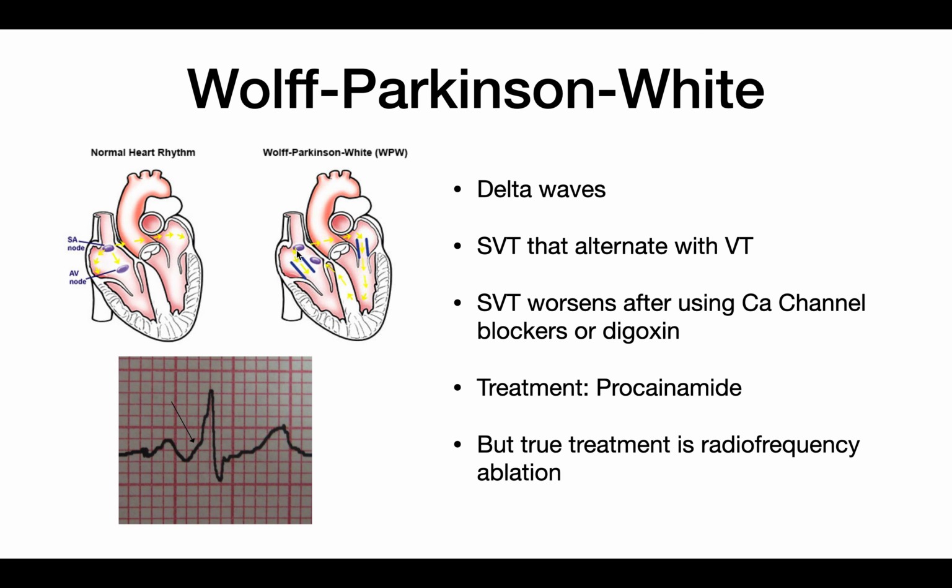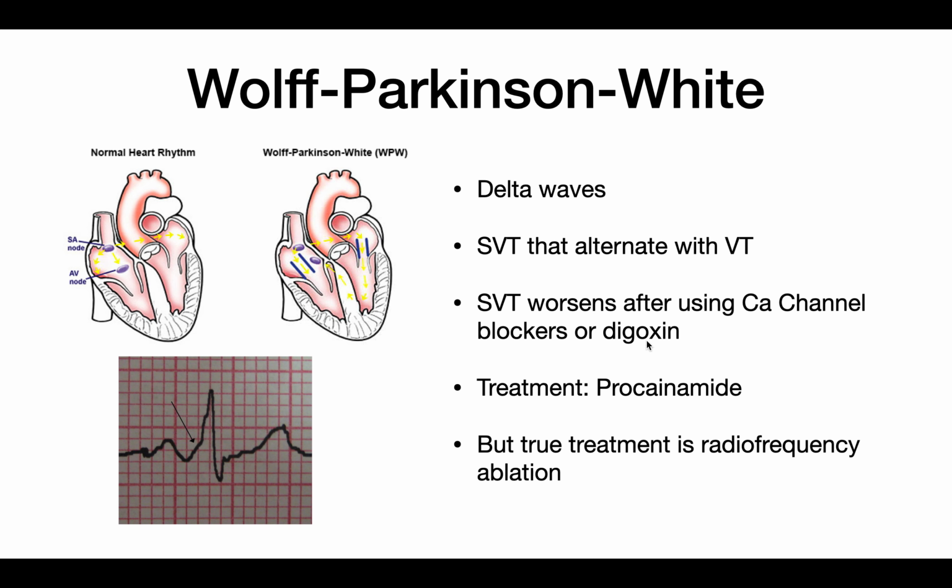In a normal heart, the current goes from point A to point B, but in Wolff-Parkinson-White syndrome, the current doesn't go from point A to point B. It goes in a circuit and comes back to point A every time, causing a flutter. So it will cause supraventricular tachycardia, and that alternates with ventricular tachycardia. The supraventricular tachycardia worsens using calcium channel blockers or digoxin.